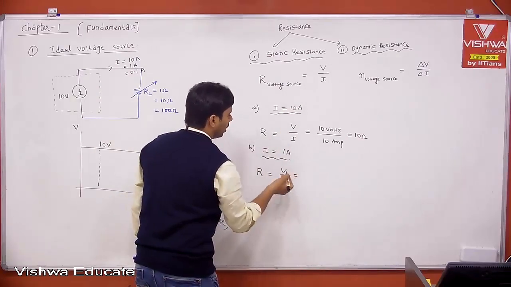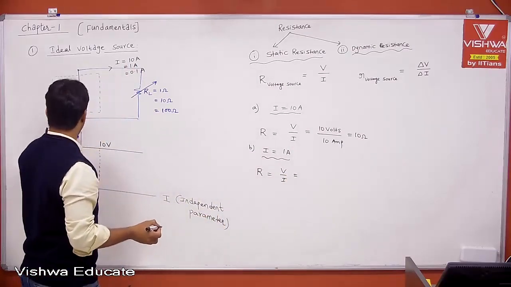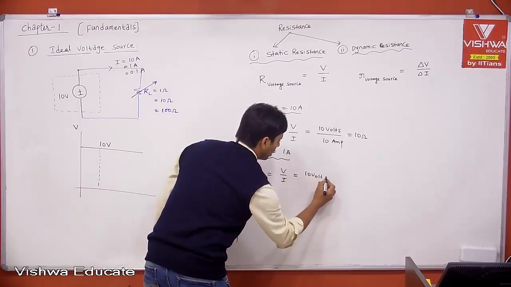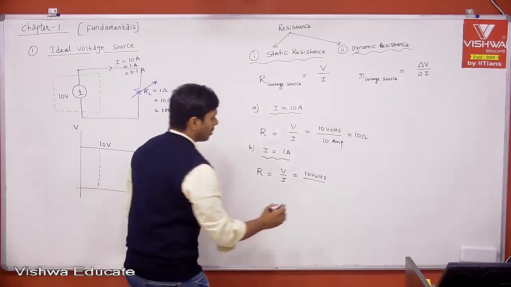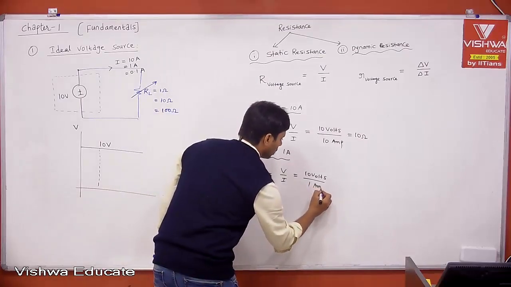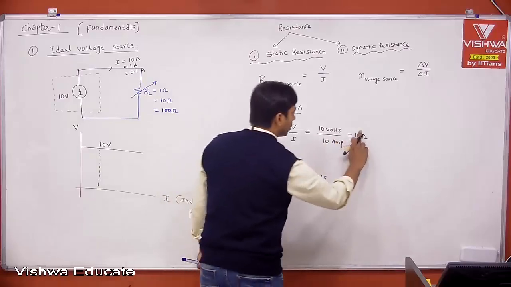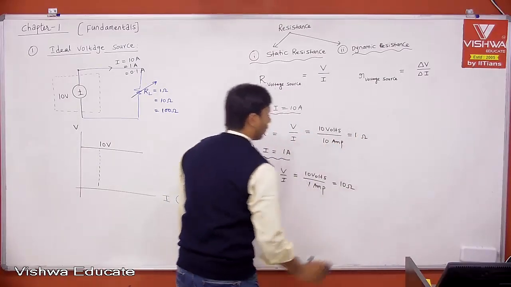What is V? Even though the current you are drawing is 1 ampere, I am expecting 10 volts. Therefore, this is 10 volts divided by the current, 1 ampere. Then what are we getting here? Therefore, sorry, this is 10 ohm, and the earlier one is 1 ohm.